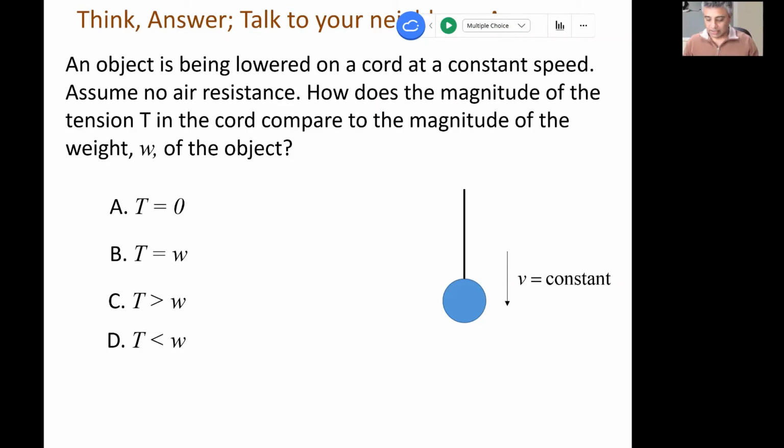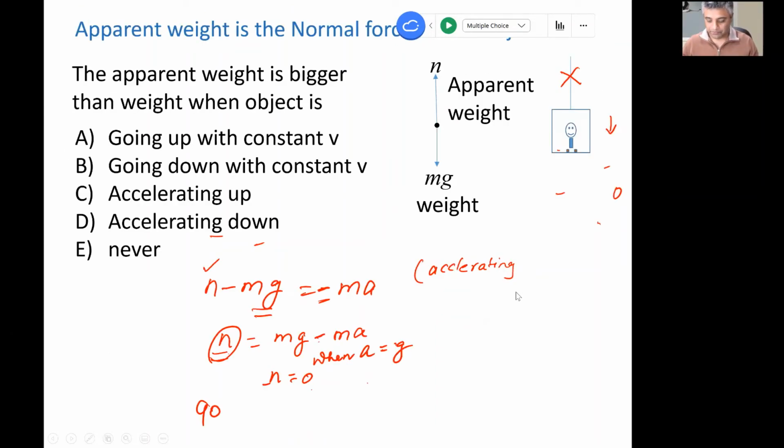Quick question, Dr. Dingana. How does that apply to skydiving? Are you free falling the whole time? Yeah, in skydiving, if your parachute is not open for the moment, you are nearly in free fall. So you feel kind of weightless there too.